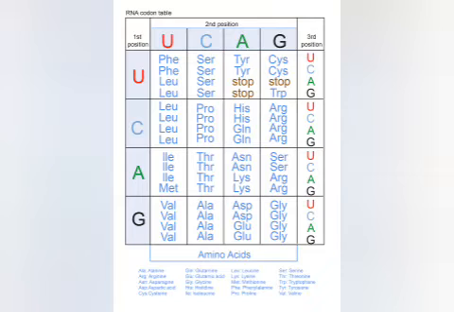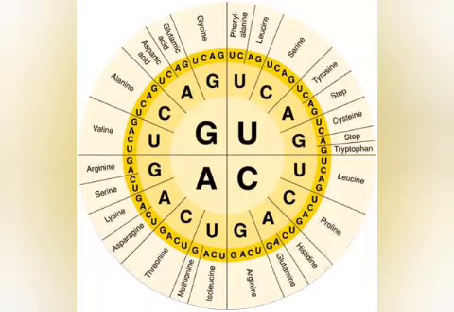Next, the genetic code is commaless. The nitrogen bases present in the mRNA are read continuously without any internal punctuation.